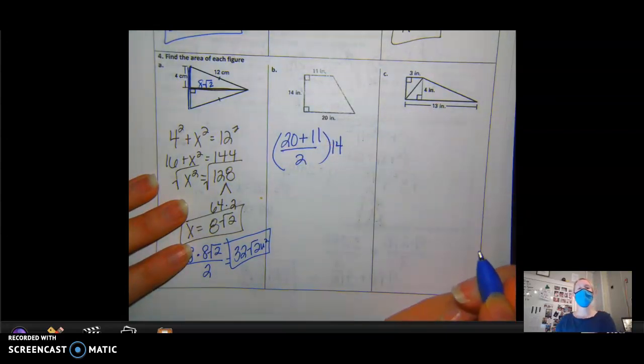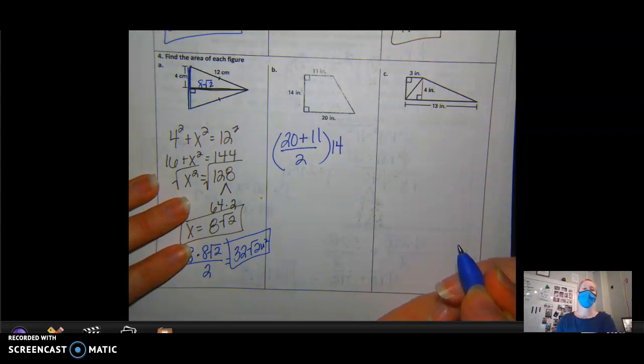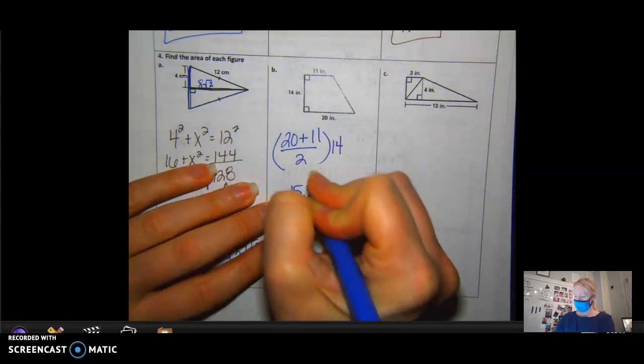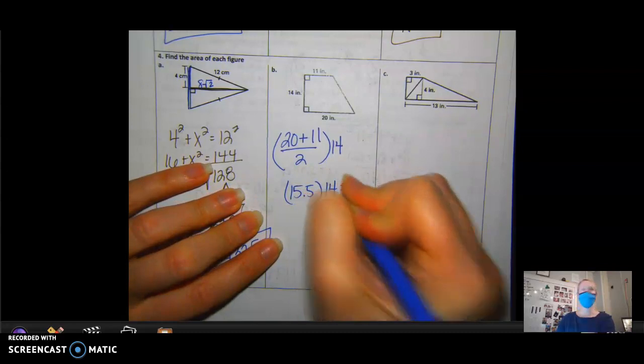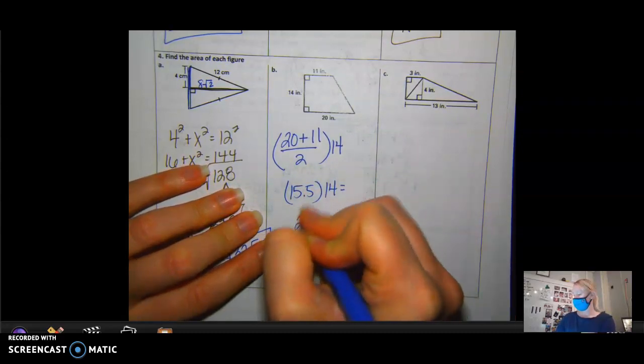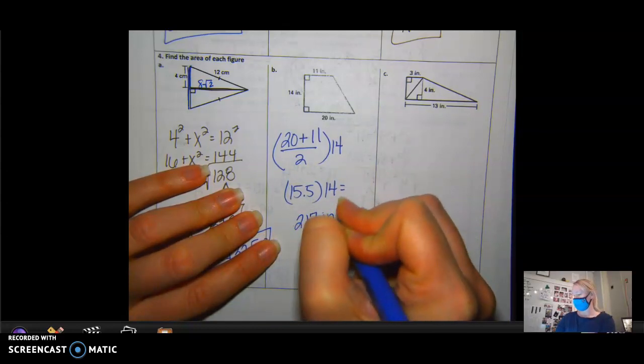What's 20 plus 11? What's half of 31? 15.5 times 14 is how much? That is inches squared in this case.